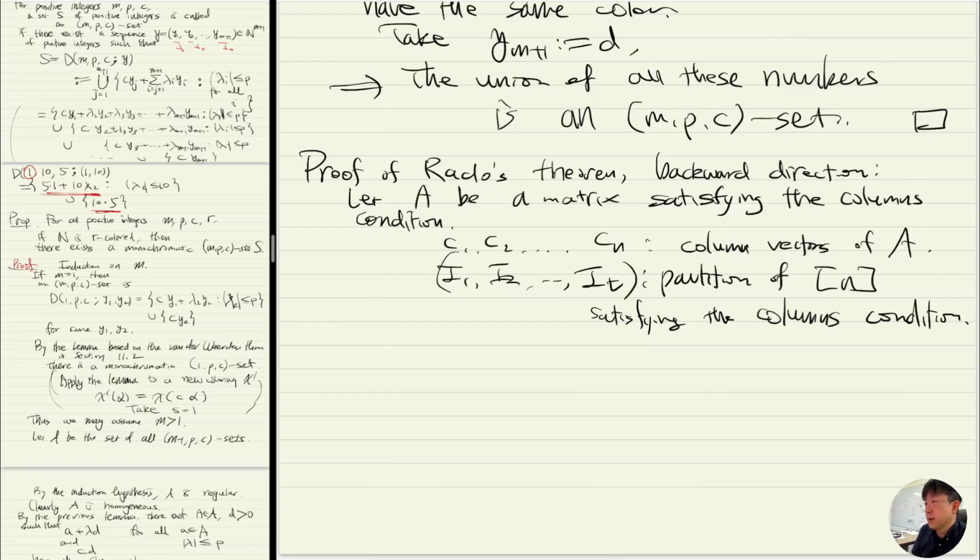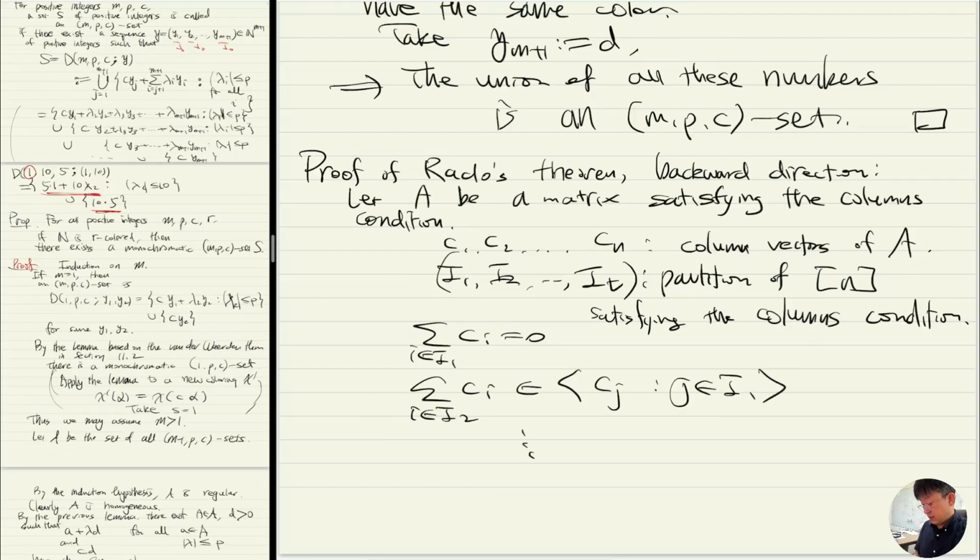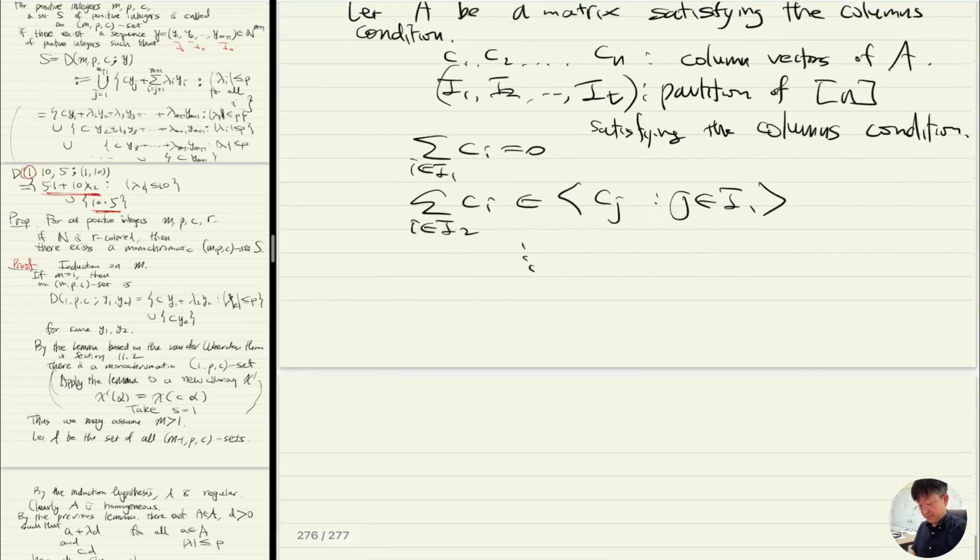So what does that mean? That means the sum of the ci in I1 is 0, and the sum of some of the ci in I2 is in the span of vectors in I1, and continue, right?